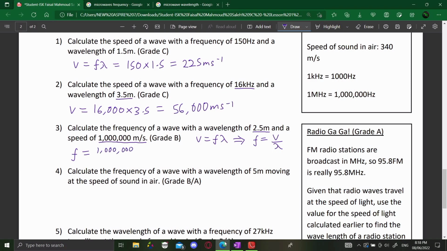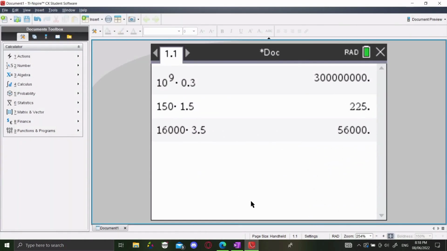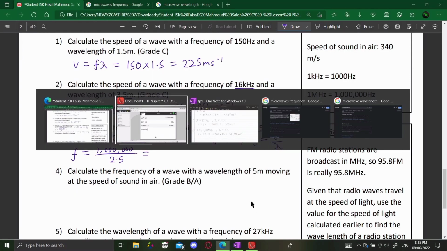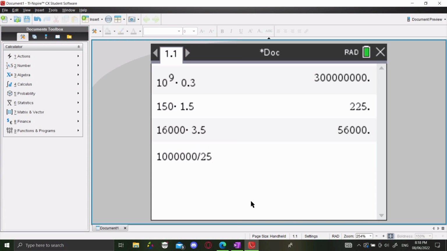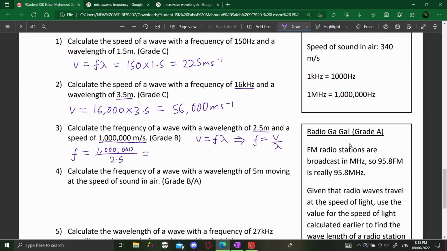You could write it in standard form, but I'm just going to write it with all those zeros. That is 6 zeros. That's about 400,000 hertz.